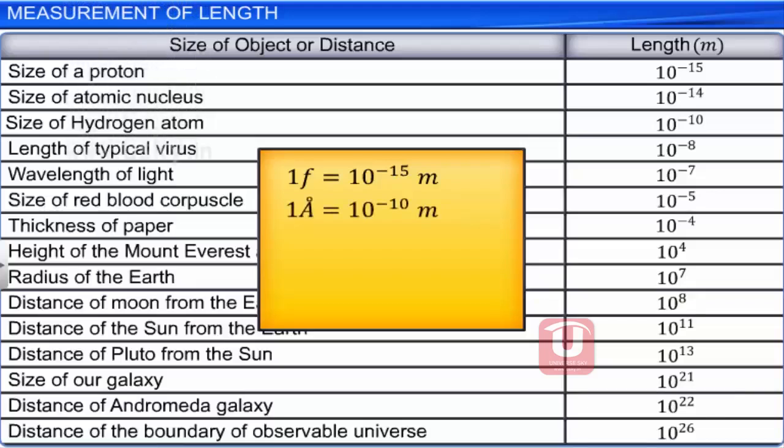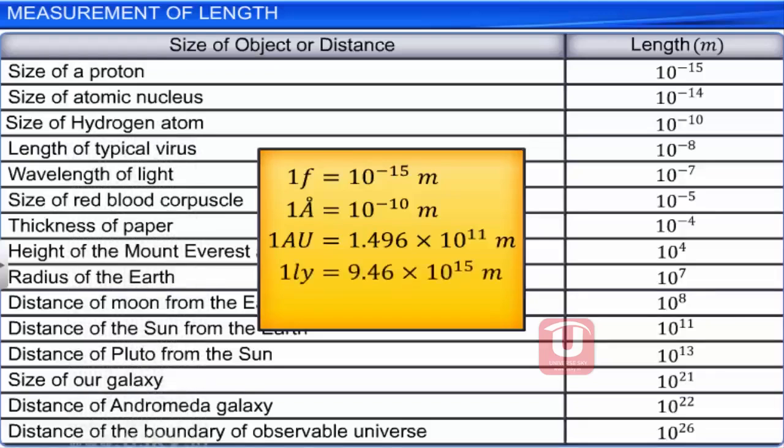Astronomical unit, denoted by AU, that measures average distance of the Sun from the Earth, which is equal to 1.496 into 10 to the power 11 meter. Light year, denoted by small letters ly, which is equal to 9.46 into 10 to the power 15 meter.